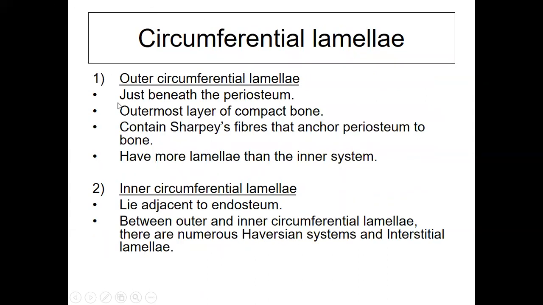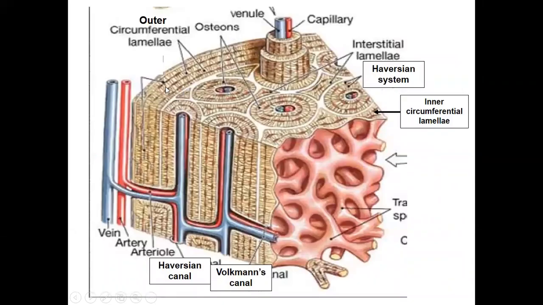The outer circumferential lamella is located just beneath the periosteum. If you see from this picture, this is the outer circumferential lamella.